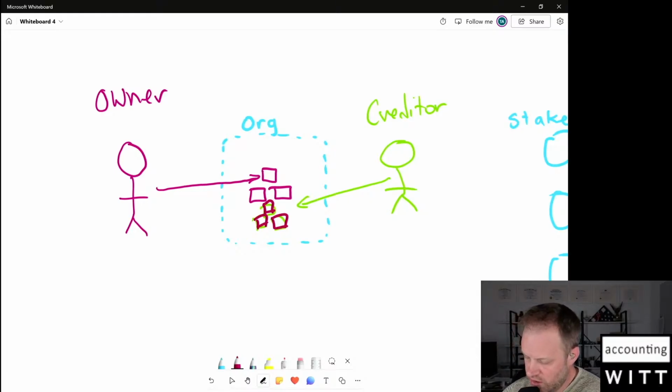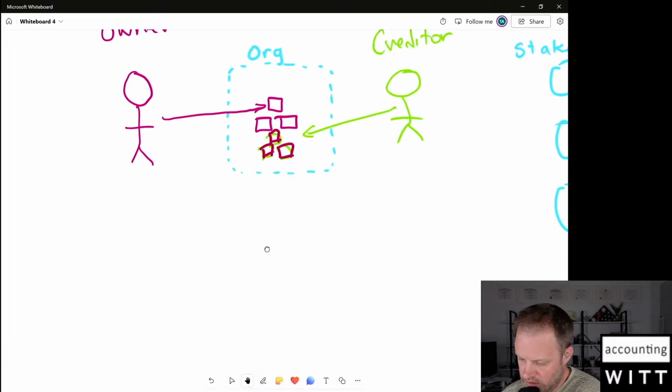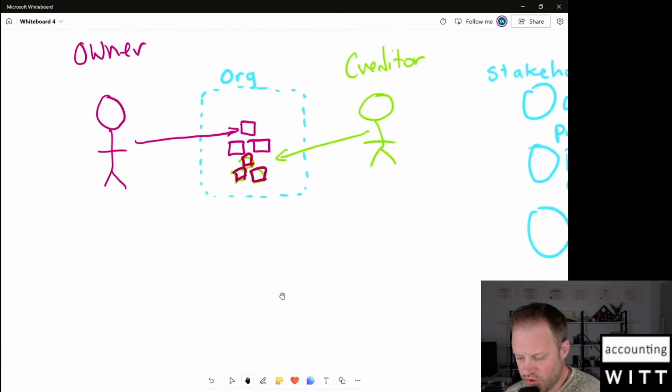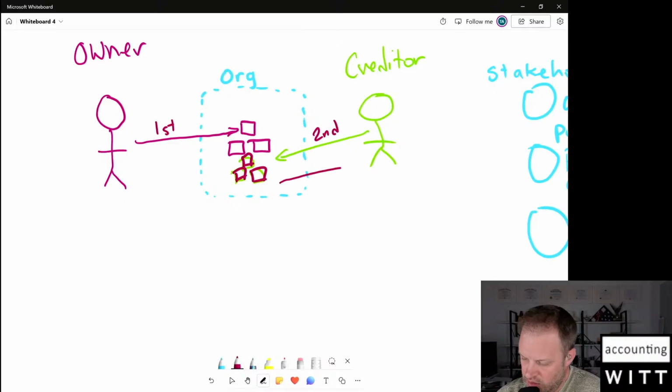But the rules are, it matters what order they come out. So if those assets, so first, second, going in, but if they were going to come out, they're going to go first to the creditor and second to the owner.